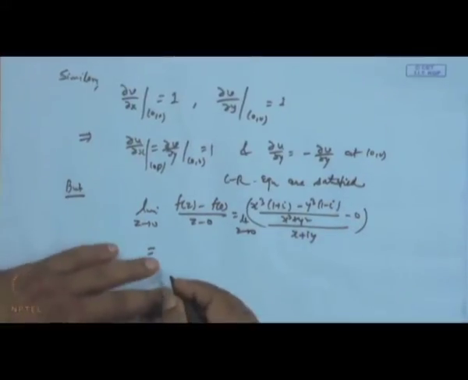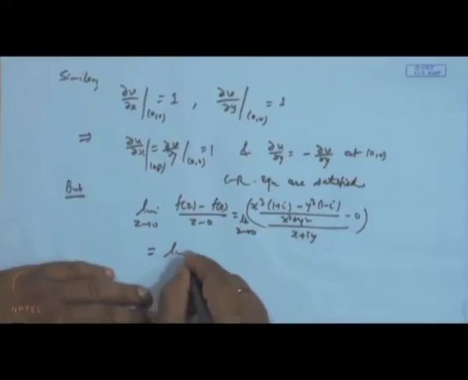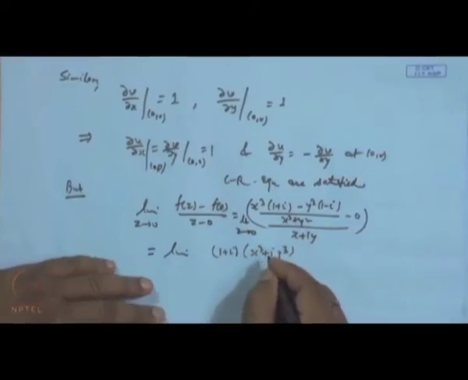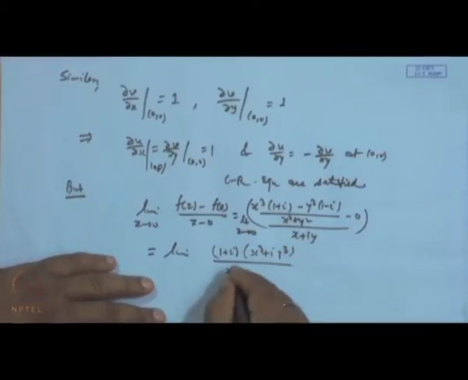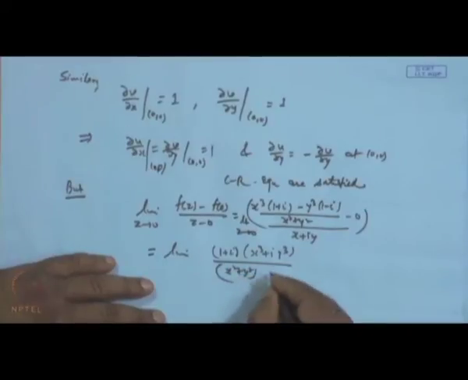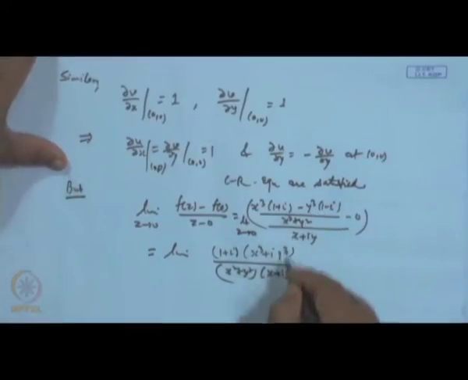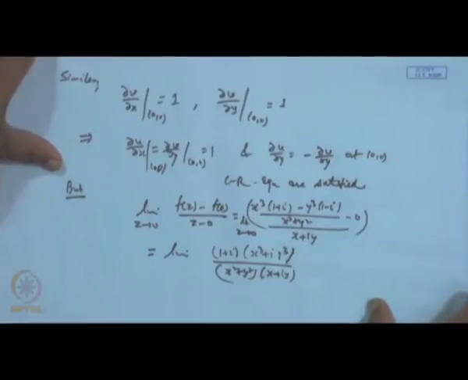Can we say this is the same as the limit of (1 plus i) (x cube plus i y cube) divided by (x square plus y square) and then (x plus i y), is it not? Just you can manipulate it and get this result. So, that is not a big problem.